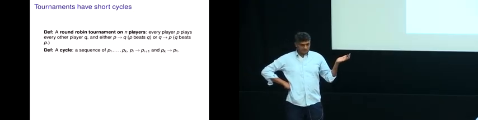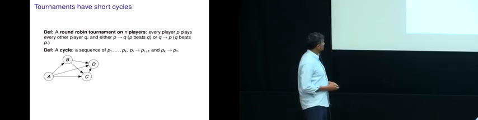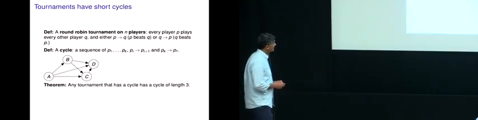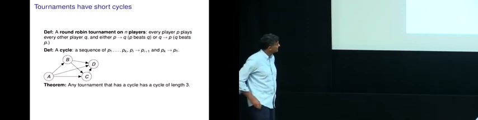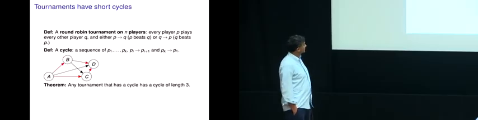So it's kind of problematic, right? We don't know who's the best. We understand what a cycle is? Here's a cycle: any tournament that has a cycle of length 3. Does this tournament have a cycle? Here's a cycle, right?